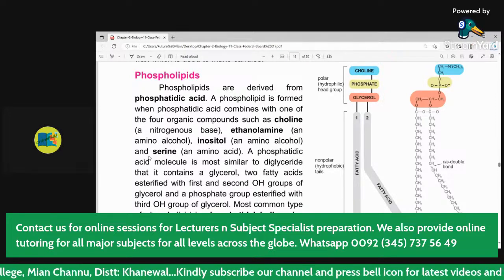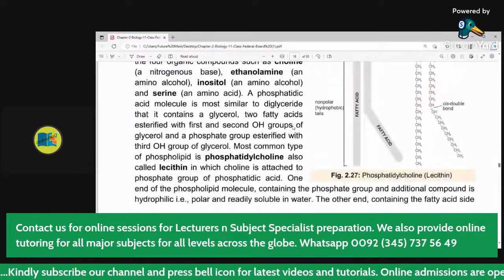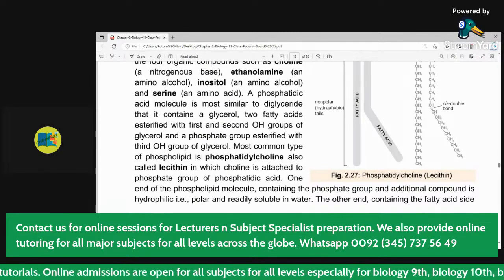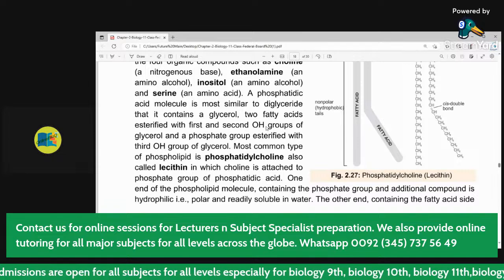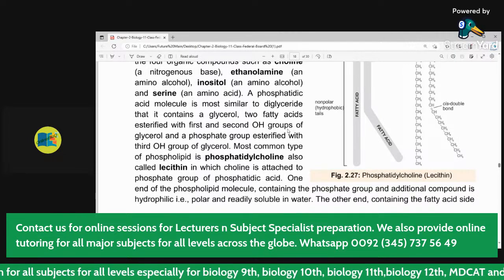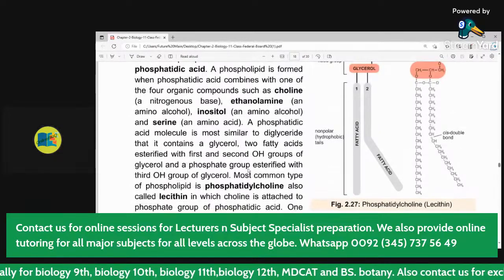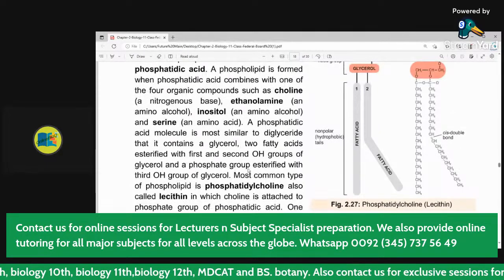A phosphatidic acid molecule is most similar to a diglyceride, in that it contains a glycerol, two fatty acids esterified with the first and second hydroxyl groups of glycerol, and a phosphate group esterified with the third hydroxyl group of glycerol.